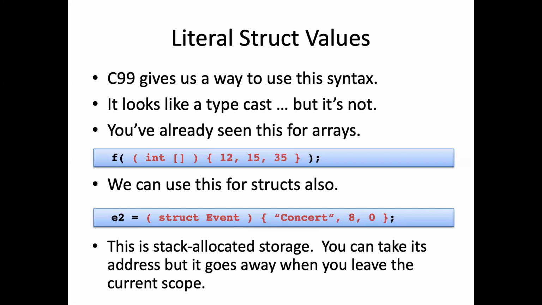So even though this isn't really a variable with a name, whenever you leave the nearest surrounding curly brackets, this stack allocated thing is not really safe to use anymore. But we will do that in a slide or 2. Other questions?